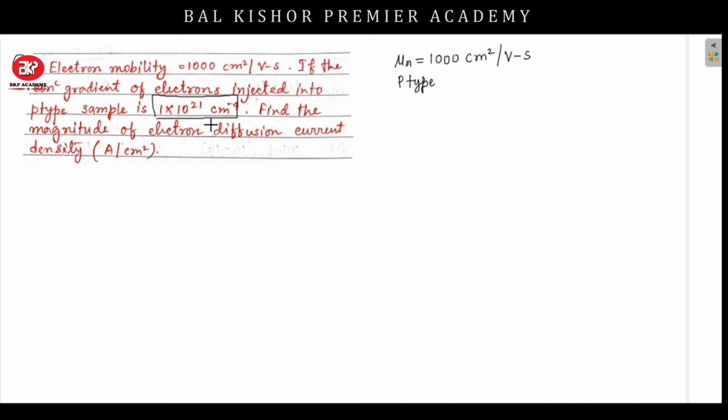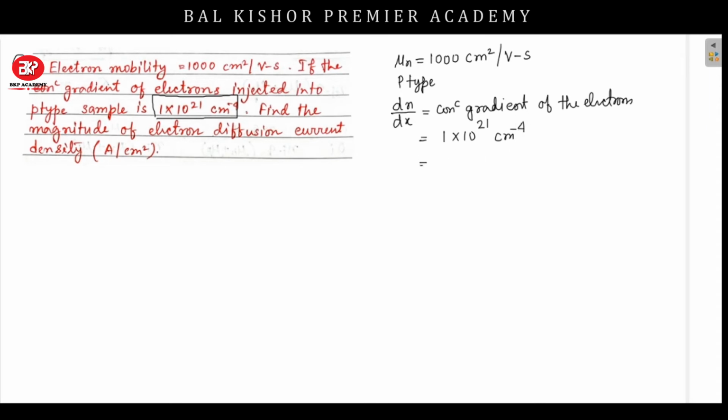So you can see that the concentration gradient that is produced means dn by dx. So dn by dx is the concentration gradient of the electrons. And how much is the concentration gradient of electrons? 1 into 10 to the power 21 centimeter to the power minus 4.